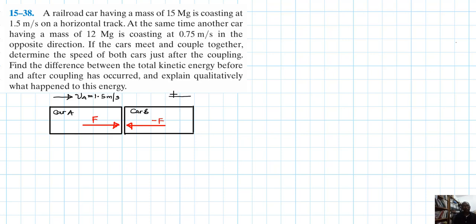We have car B, VB, equal to 0.75 meters per second.